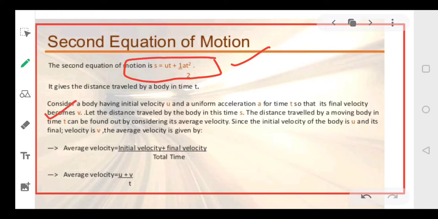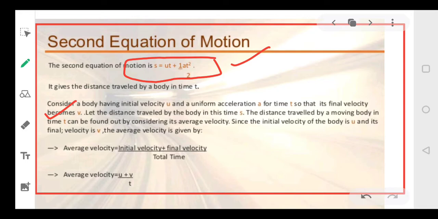Now let's see what is the average velocity of this object. Do you remember the average velocity?